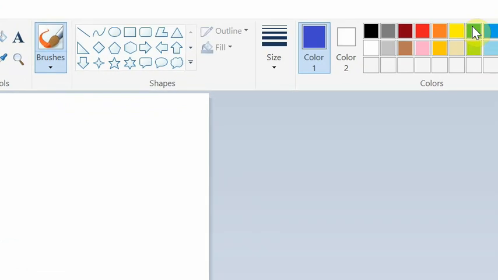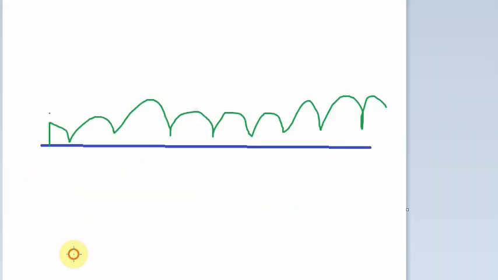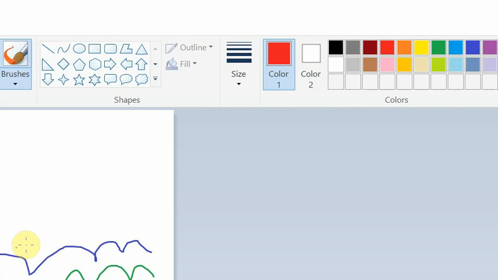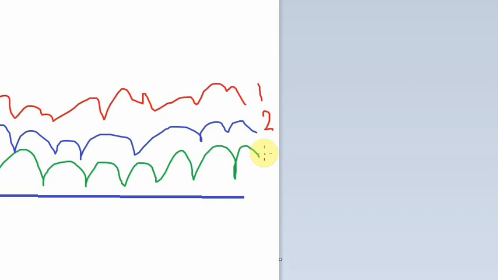Let me make it in green. So this is the first layer. The second layer, I will make it in blue again. And the third layer will be in red. So 1, 2, 3, and this is the basement membrane under everything.